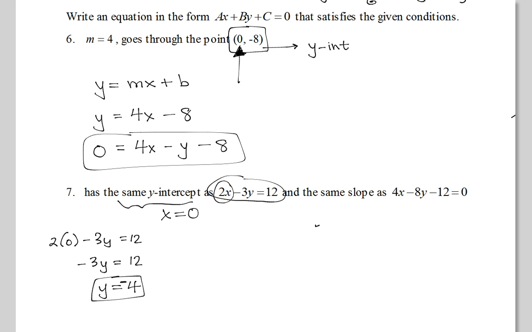And it has to have the same slope as this. What's the slope of that? I don't know. But what format, if it was in, could I read the slope easily? Mx plus b. So convert this one to mx plus b.